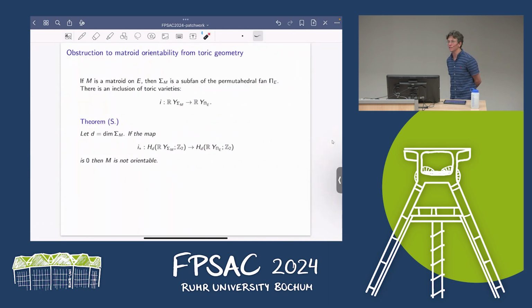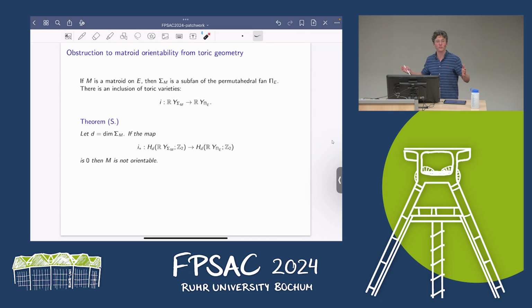And with that homology class, we can formulate a nice homological obstruction to matroid orientability that comes to us from toric geometry. So if M is a matroid on the ground set E, then this Ardila-Klivans fan that we constructed is always a subfan of the permutahedral fan. Okay? And there's an inclusion of toric varieties then.